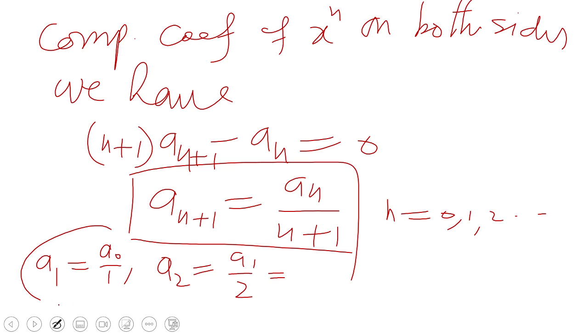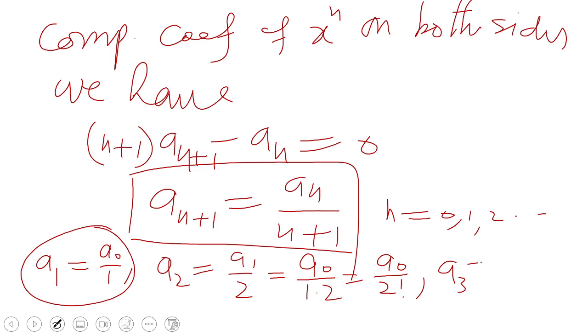Putting a1, that is a naught over 1 into 2, so that is a naught by 2 factorial. Similarly, a3 is equal to a2 by 3, which gives a naught by 3 factorial. That implies a_n is a naught over n factorial.